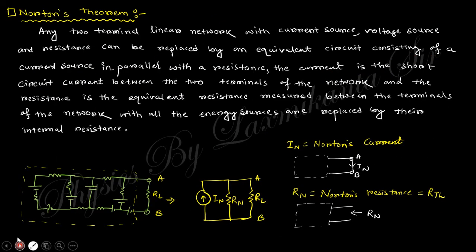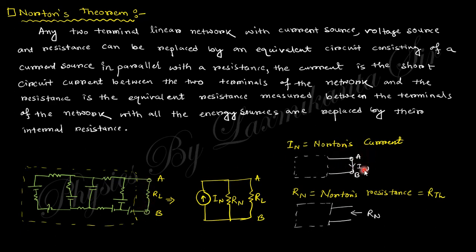Next portion is the Norton theorem. In the Thevenin theorem, we learned that any linear network circuit can be replaced by a voltage source with a series resistance. The Norton theorem states that any linear network circuit can be replaced by a current source with a parallel resistor. The current of this current source is what you get if you short the load resistance.